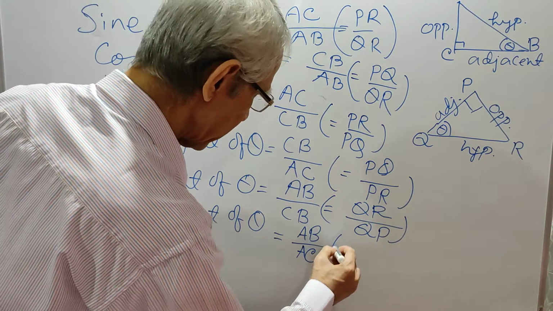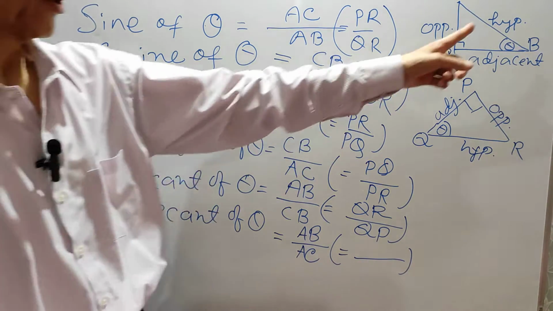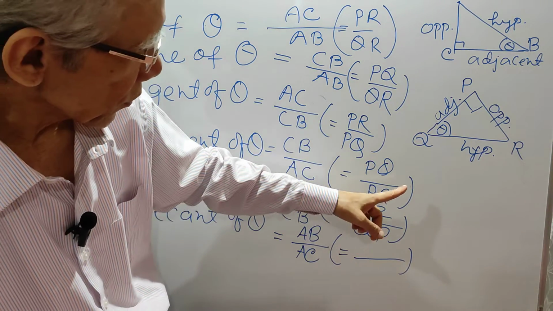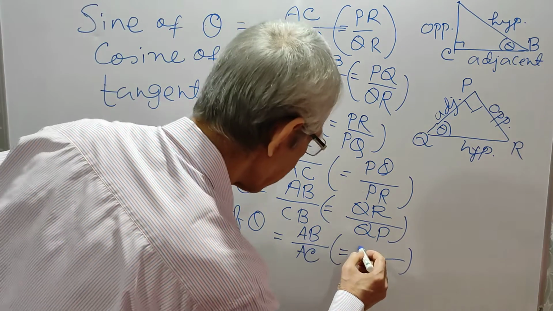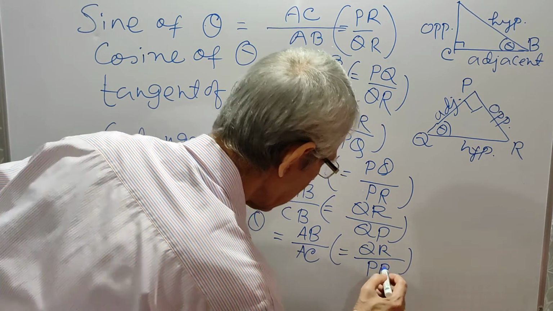And in the other triangle, this is equal to what? Hypotenuse by opposite. That means QR by PR.